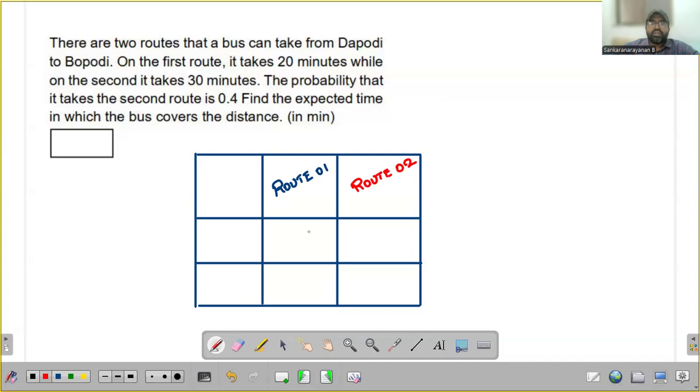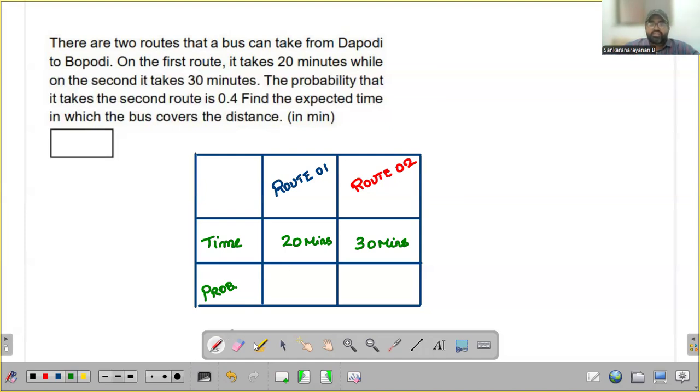Now, in the question, two aspects we have to consider. One, the time it takes. Route 1, if you take the first route, it takes 20 minutes. And the second route, it takes 30 minutes. Now, the probability. I'm writing PROB. This is the probability part I'm talking about.